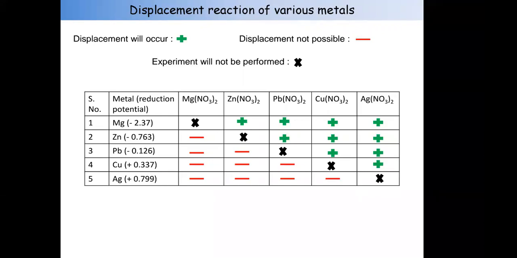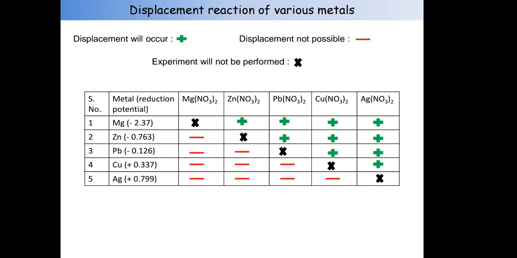Now we have to check which metal can displace which metal ions in their aqueous salt form, and which metal cannot displace them. We will check this.